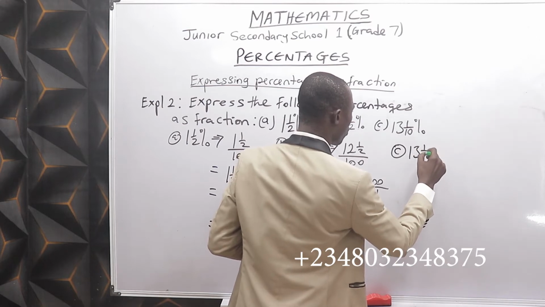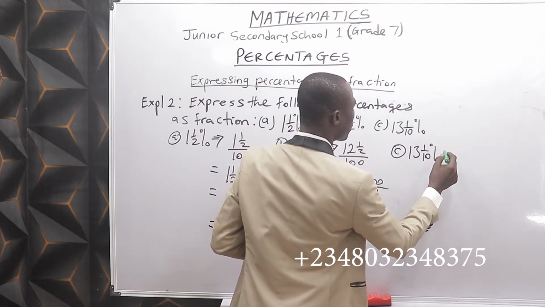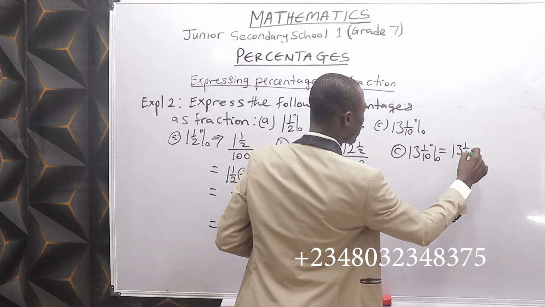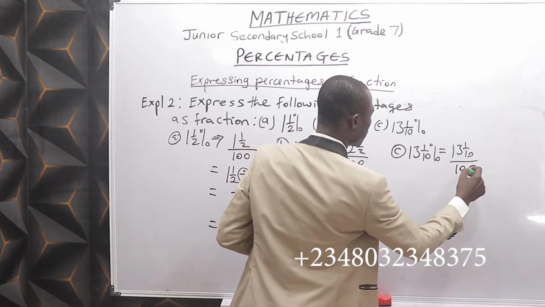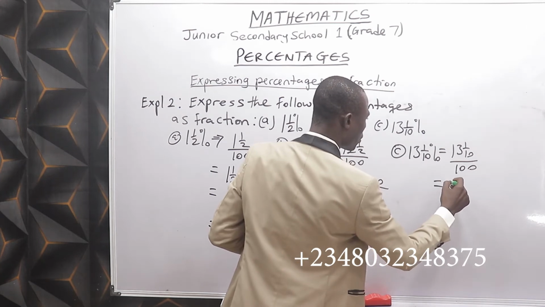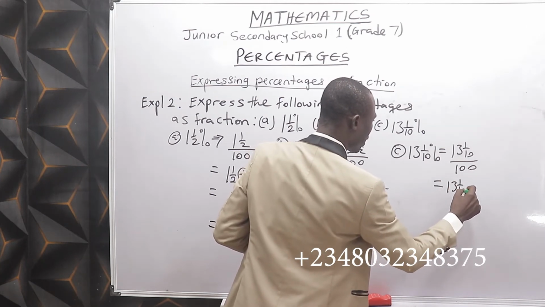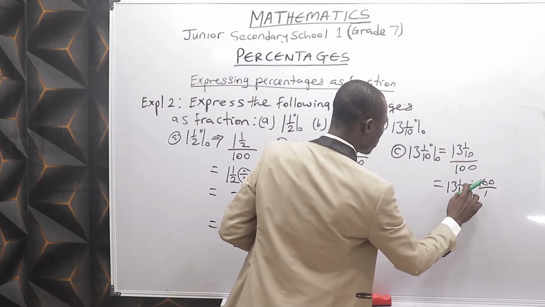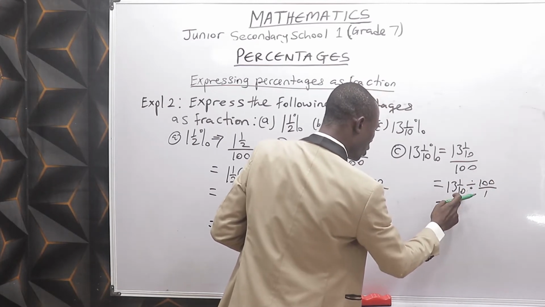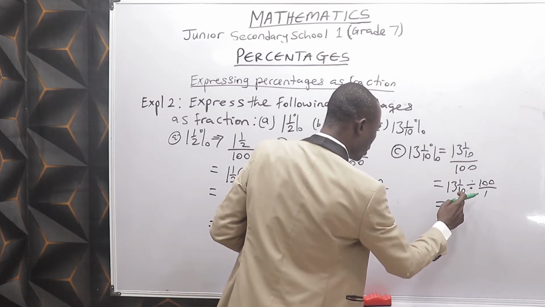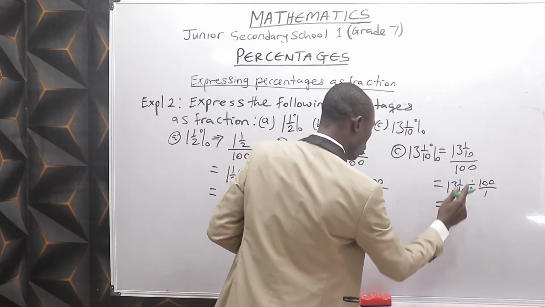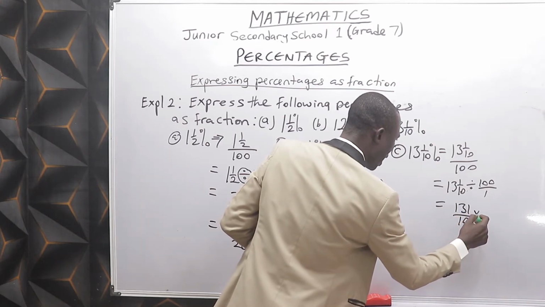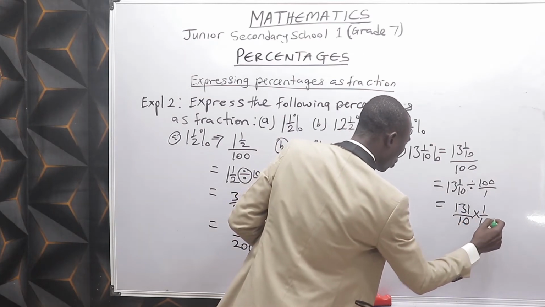13 whole number 1 over 10%, which means 13 whole number 1 over 10 divided by 100. And that is 13 whole number 1 over 10 divided by 100 over 1. Changing this, it will be 10 times 13, that's 130, plus 1, 131 over 10 times 1 over 100.